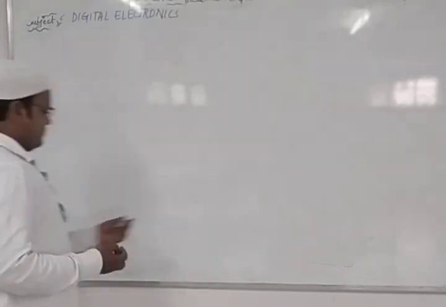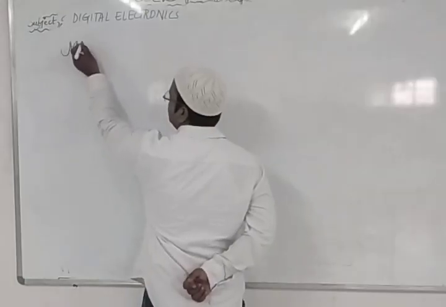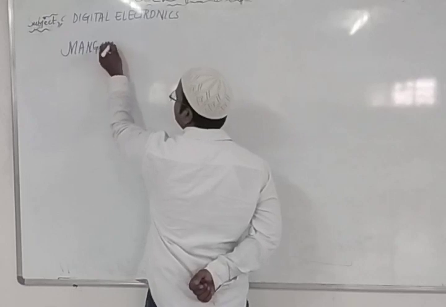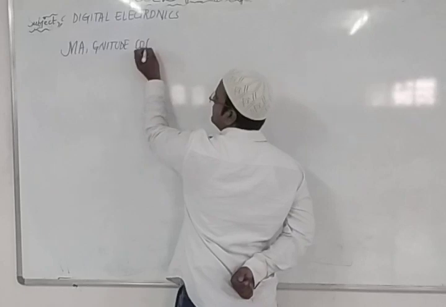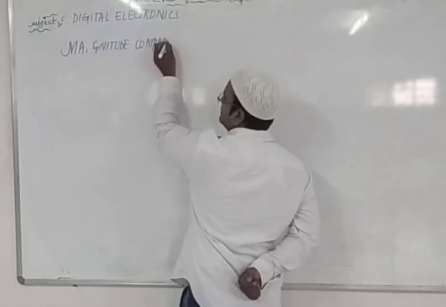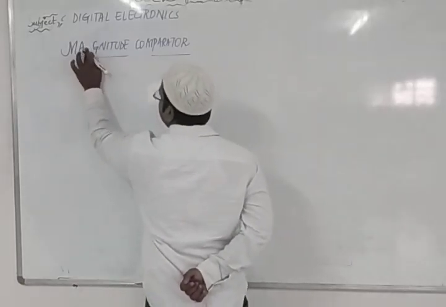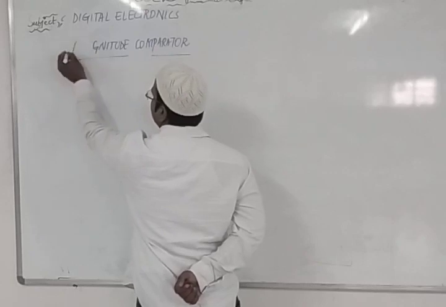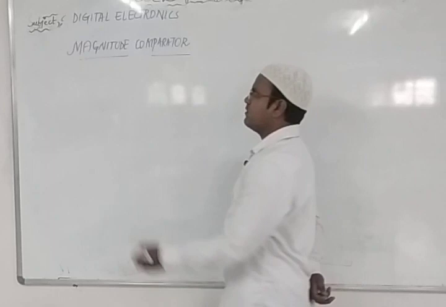So students, we are going to come to the magnitude comparator. What is the first thing we should know? What is the meaning of magnitude? What does a comparator mean? In a comparator, what is the meaning of comparison?